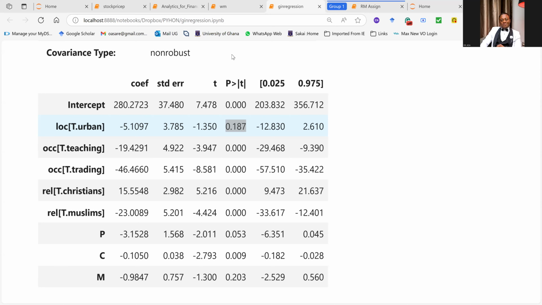It's insignificant. Why? Because it's greater than 0.05. What is the p-value? 0.187. And that is how many percent?